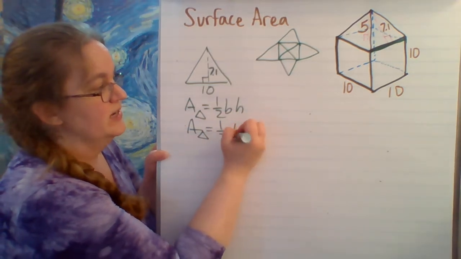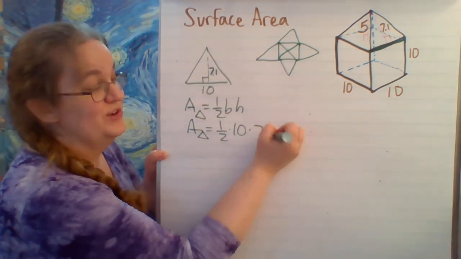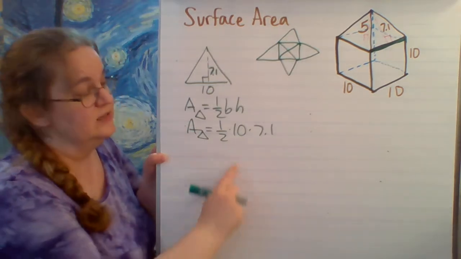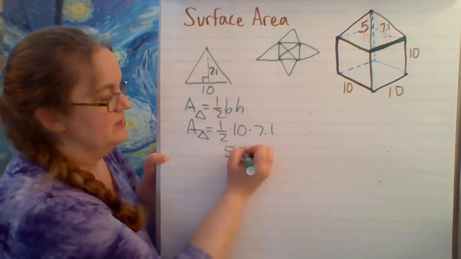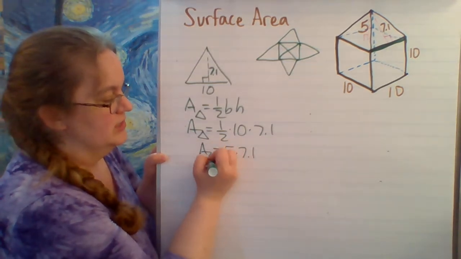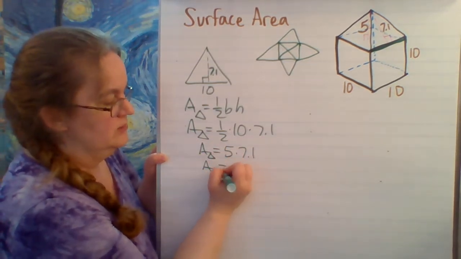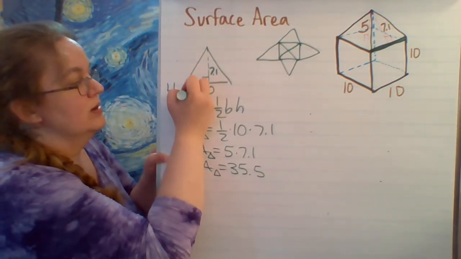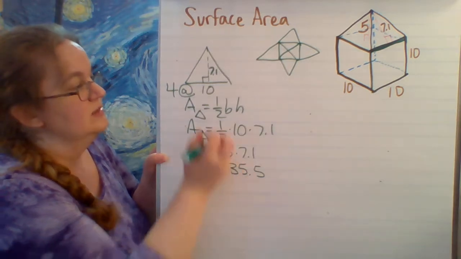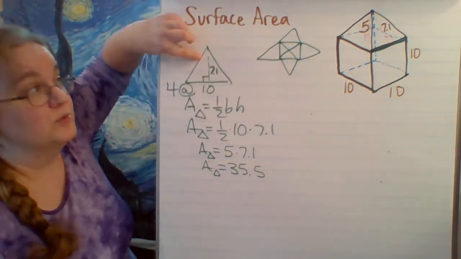So 1/2 times 10 times 7.1. Half of 10 is 5. And it's 5 times 7.1, which is going to give me 35.5.